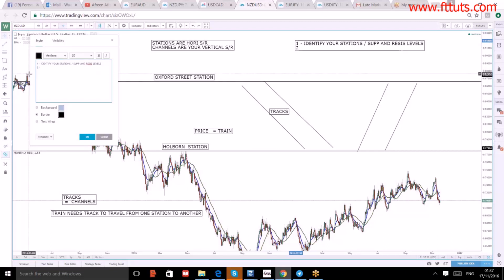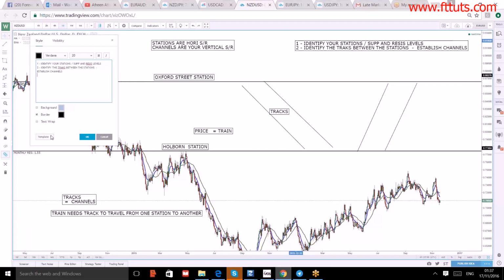Guys, what is your point number two then? Identify the tracks between the stations. Establish channels. Does everyone understand so far, guys?